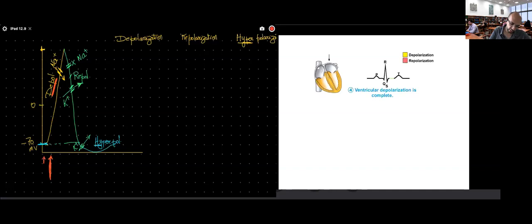And during depolarization, I got a much stronger stimulus. What's going to happen? Nothing is going to happen. Why? Because the sodium channel is open. So I can't open an open door.